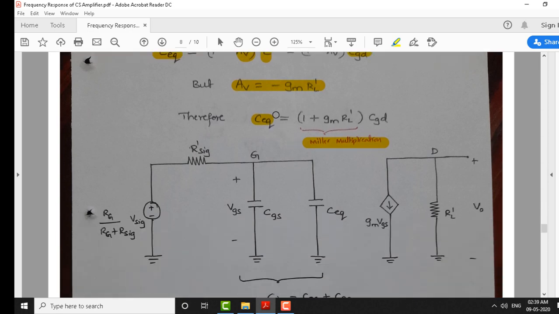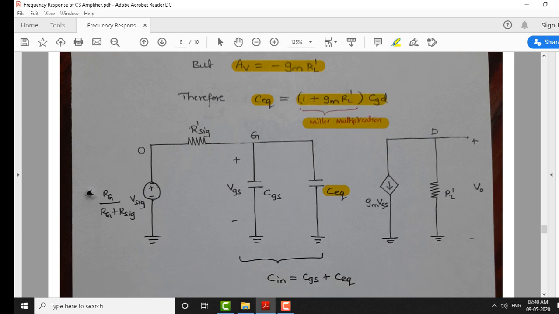Now as per Miller's theorem, the connecting capacitance CGD between the gate and the drain can be removed. Now we have a capacitance at the input side, which is the equivalent capacitance given by this expression. So the resulting equivalent circuit simplifies as shown here. This is again the Thevenin voltage source, which we derived in the previous equivalent circuit.